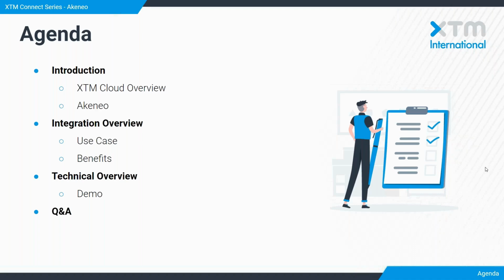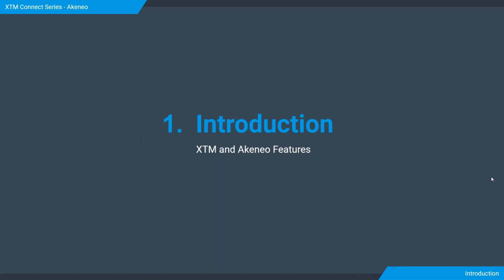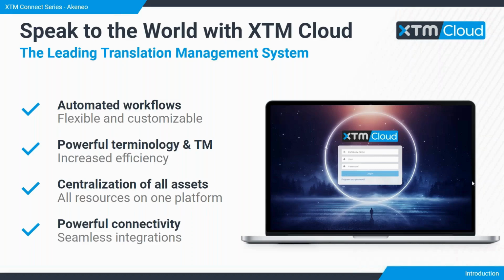So first item on the agenda is our introduction. Basically, XTM Cloud allows you to automate workflows, turning PMing tasks into very flexible and customizable tasks when it comes to translation and localization.